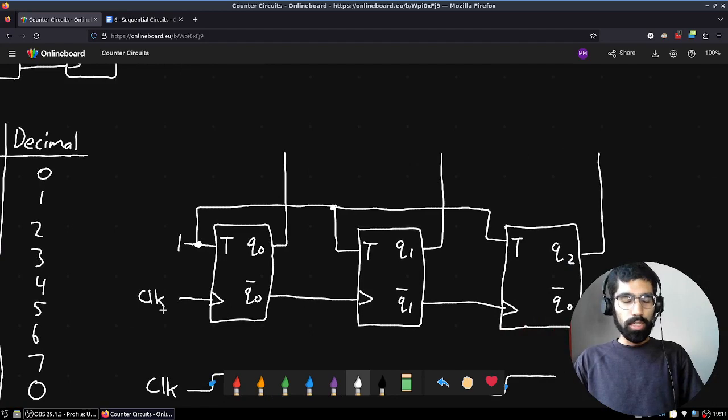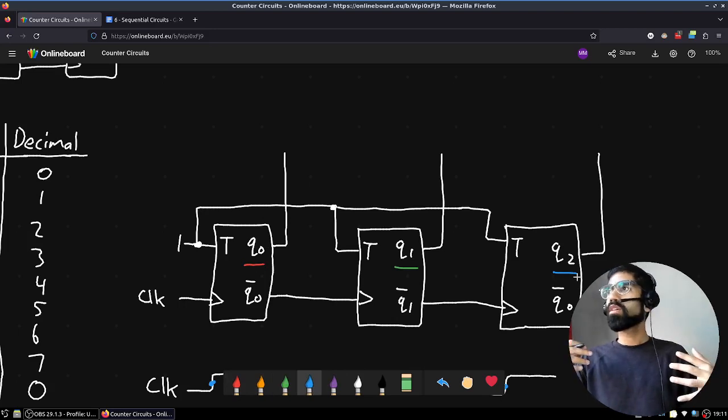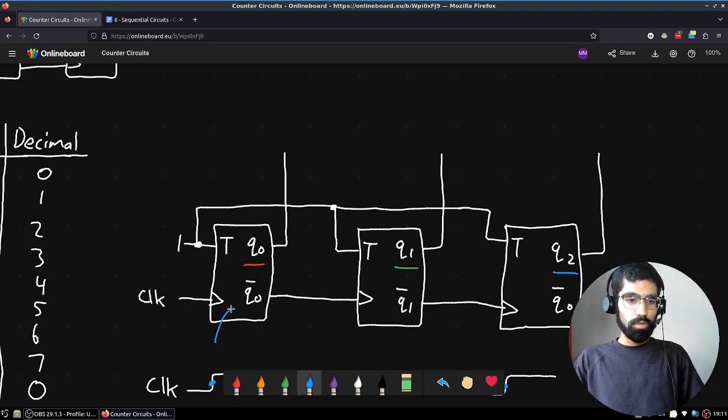Why do we call it asynchronous? It's because not all of these bits, Q0 versus Q1 versus Q2, will change at the same time. You'll need a little bit of time for the internal gates inside this flip-flop to do their work.